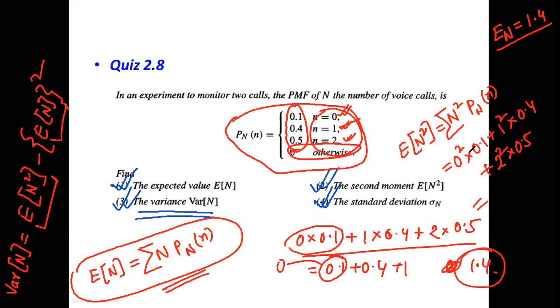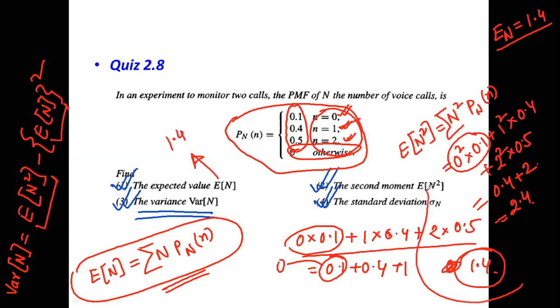That will be 0, then again 0.4, then plus 2, that means 2.4. So E[n square] will be equal to 2.4. These two values we have already found out after calculation. Is it clear?